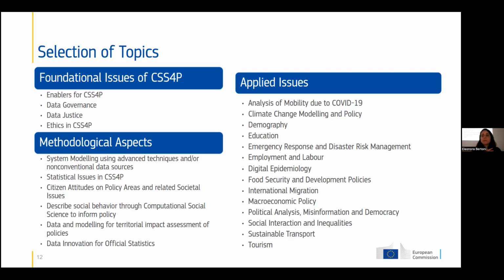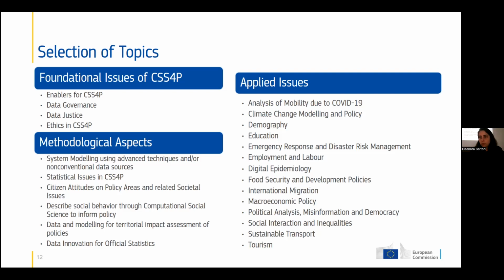So you had a whole set of foundational issues, such as which are the enablers for computational social science, the data governance, data justice, and of course the ethical principles in the usage of CSS, especially when you use that for policy and to implement policy that will ultimately affect citizens.